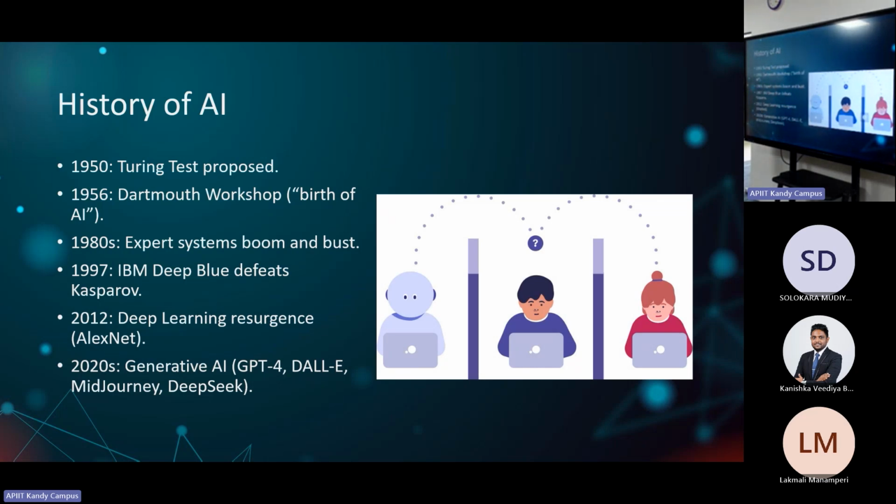AlexNet was actually a CNN that was able to identify images, using ImageNet. It was able to identify images and things in images, and identify objects, really well. So in 2012, deep learning came along. All this time, deep learning wasn't a big thing. Why? Because there was not the computation power to handle deep learning.